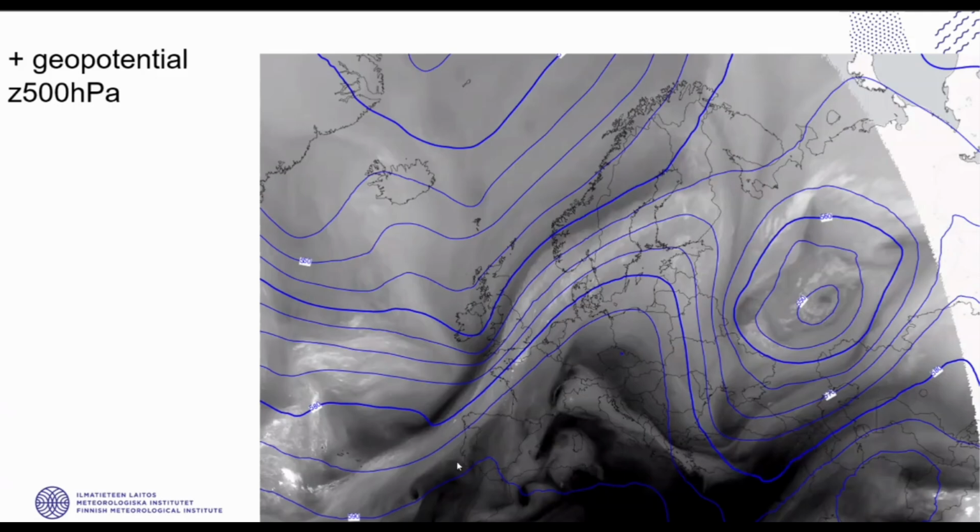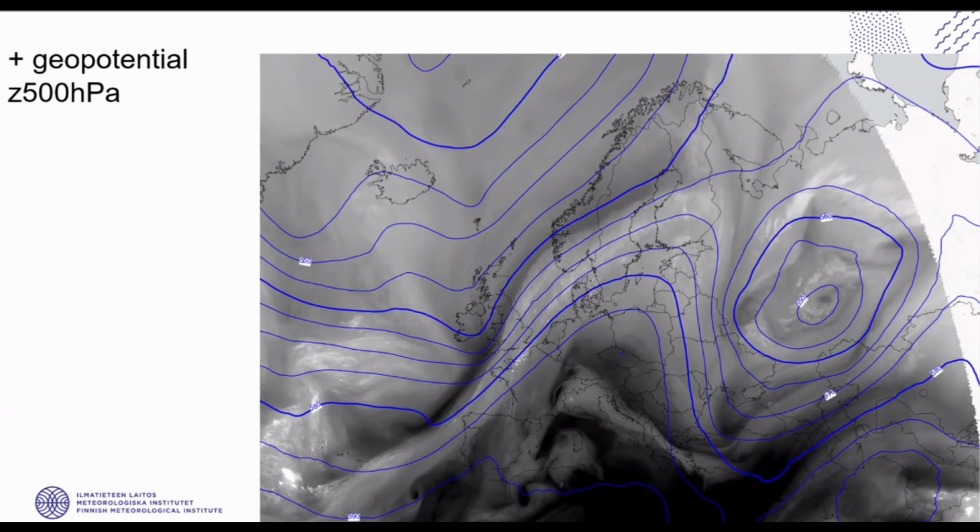And then we have a very strong ridge over large parts of Central Europe, reaching up towards Finland as well. And then we have the upper level low in Western Russia.